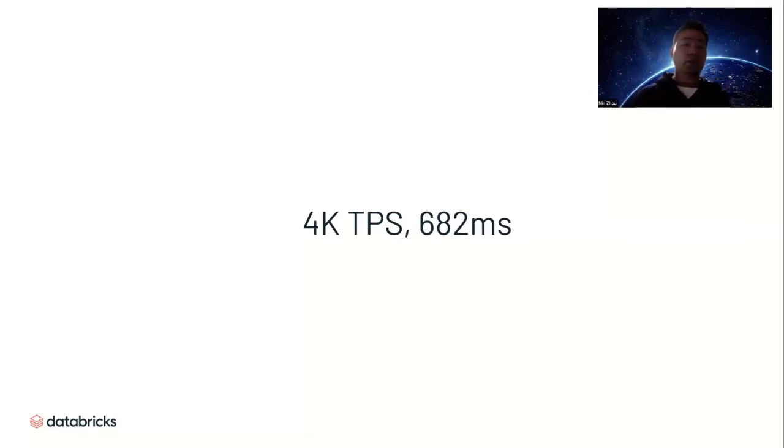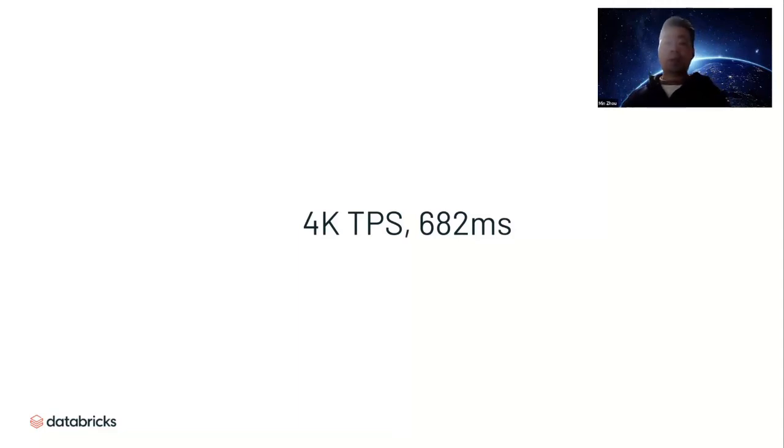The reading is very good, because most of the reading is served from memory. It's much better than MySQL. On a regular workload, the write performance is slightly slower than MySQL, but this is very high traffic. And we can see this number, 682 milliseconds, that's a very long time.